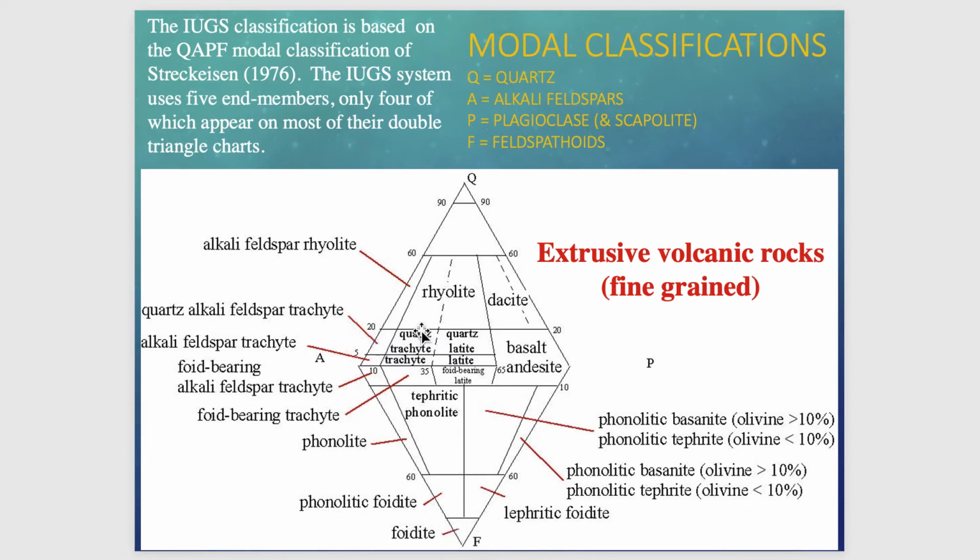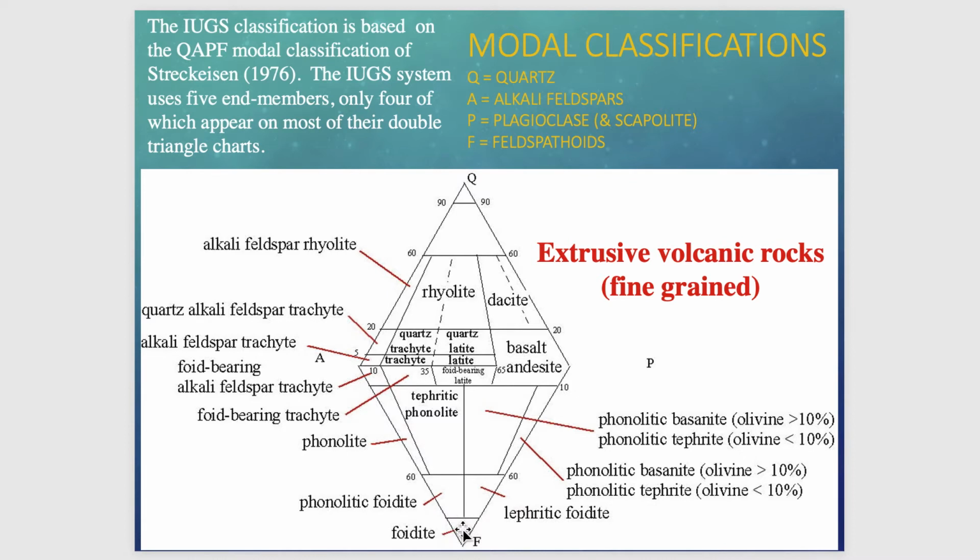So remember, we have the rhyolites and the basalts, but we have also other terms that are used to describe a change in content with respect to this A and P. This is commonly called a QAPF diagram, and that's because you have alkali feldspar in here, quartz up here, and this is the plagioclase, and those are the foids, which are the leucitites.